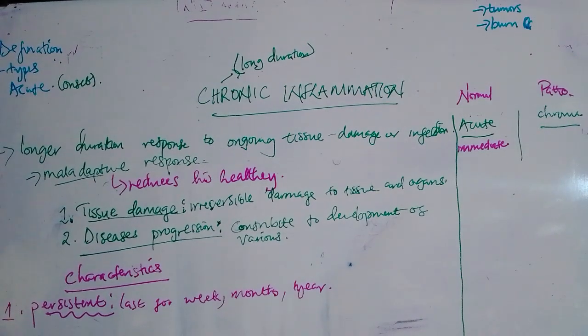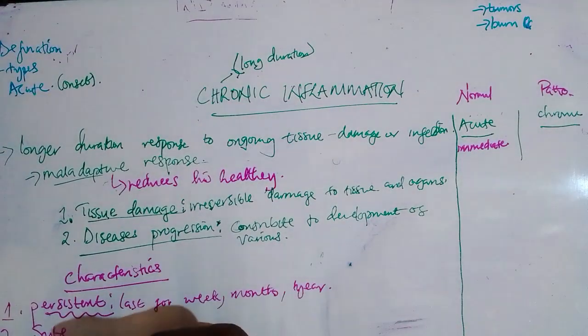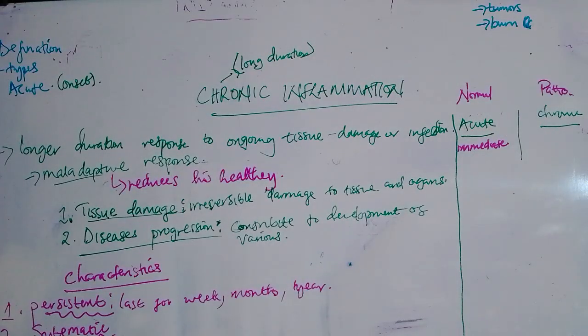Then the second characteristic which you can identify that this is chronic is what? Systemic. It affects the entire what? Body, or it affects multiple tissue and organ because it is progressing. It is systemic. Yeah, then remember what we said on acute.